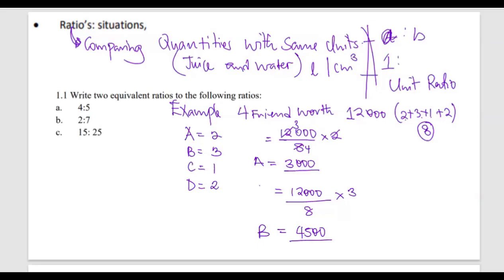Then friend C, he said he wants to bring this much. Sorry, times the 1. And this person will contribute 1,500. Then lastly, D will contribute the same as A, 3,000.